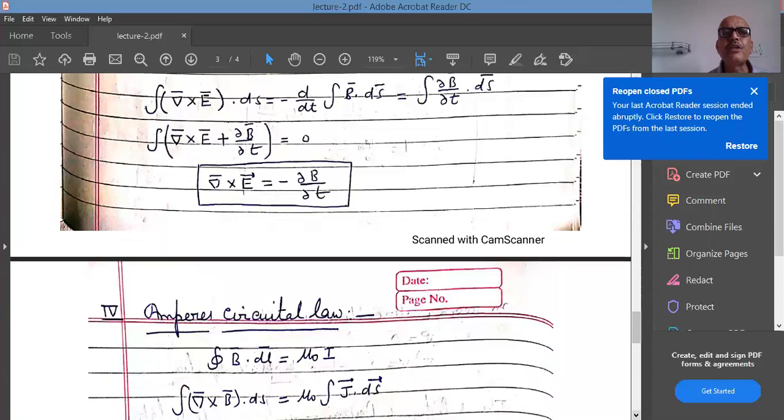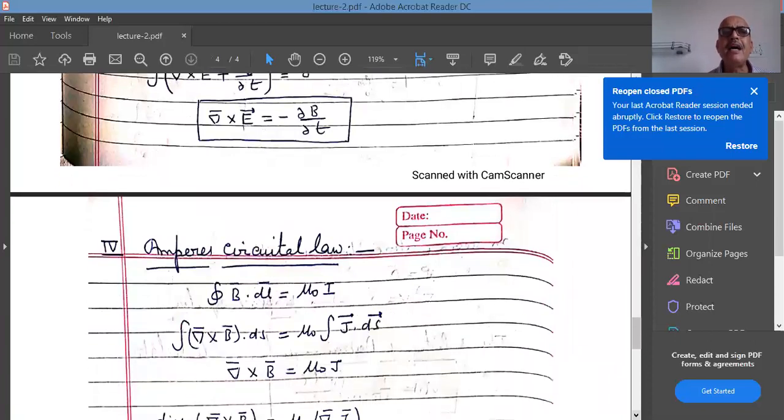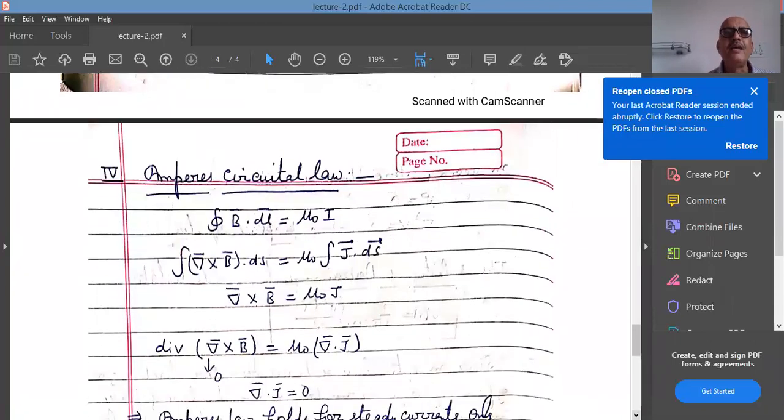Now coming to the fourth Maxwell equation, that is Ampere's circuital law. Similar to the Gauss theorem in electrostatics, we have Ampere's theorem or Ampere's circuital law in magnetostatics, which states that the line integral of the magnetic field over a closed loop is mu0 times the current enclosed within the loop, and the loop is called the Amperian loop.